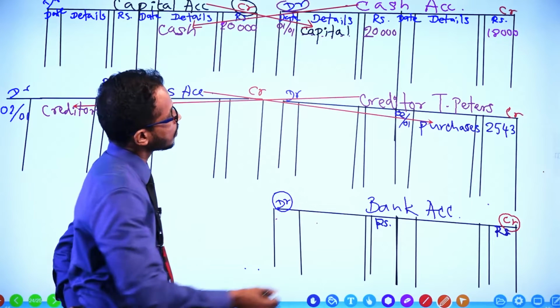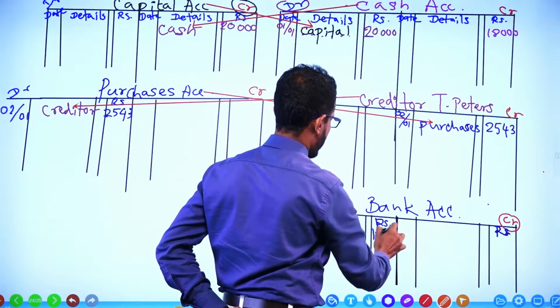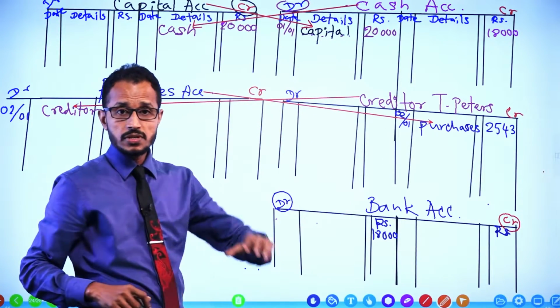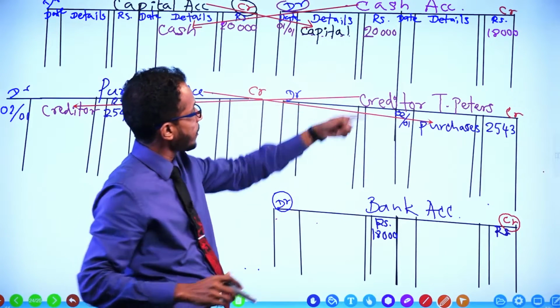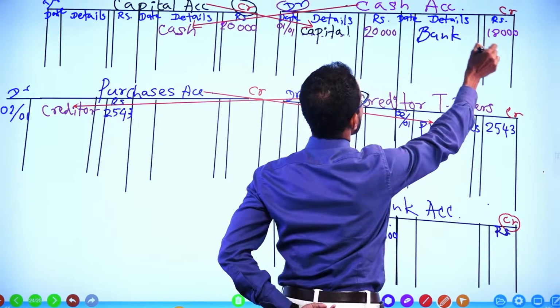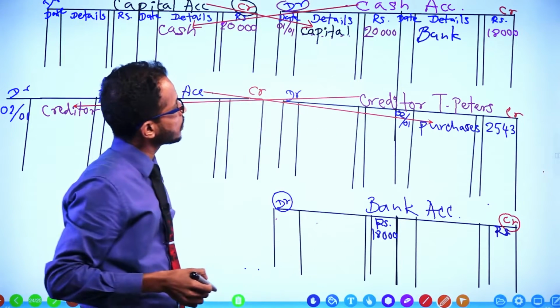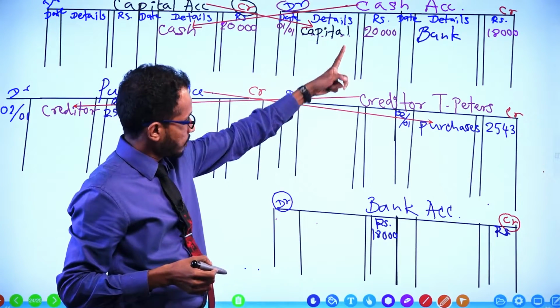Rupees 18,000 should come to the debit side. And descriptions, children, descriptions. Bank account, this name should go there. Okay. And that name should be here.